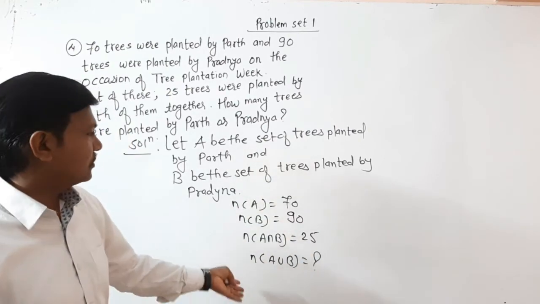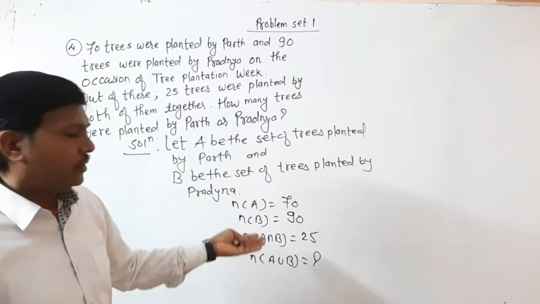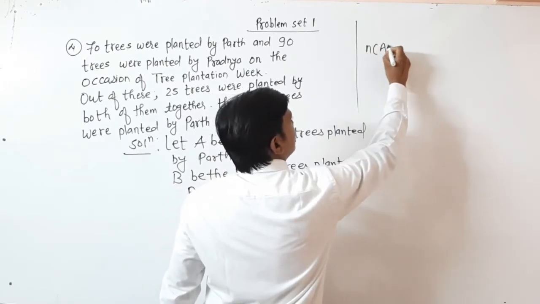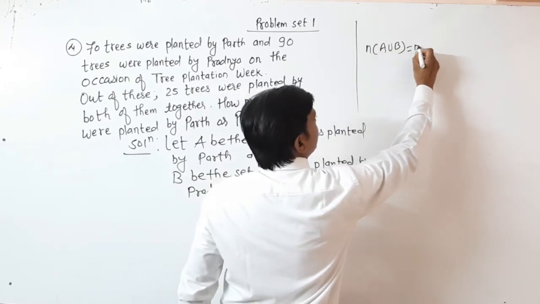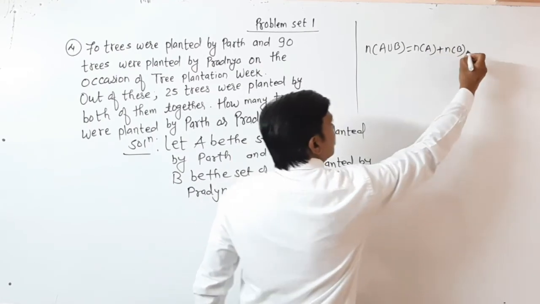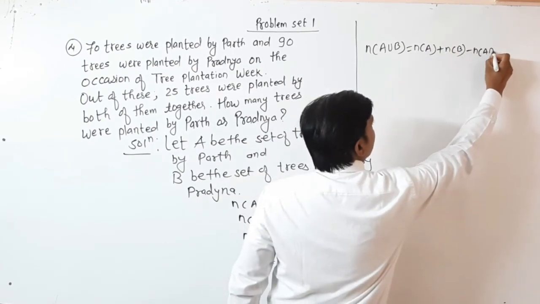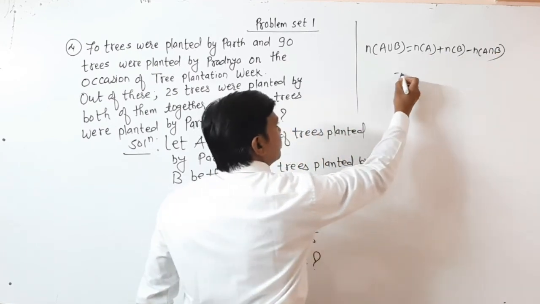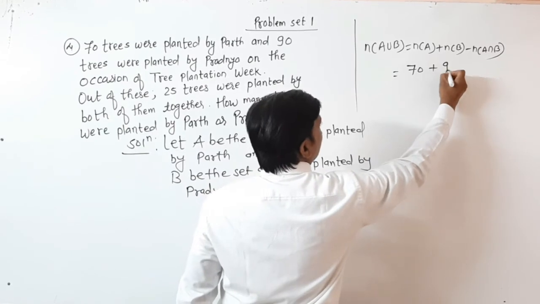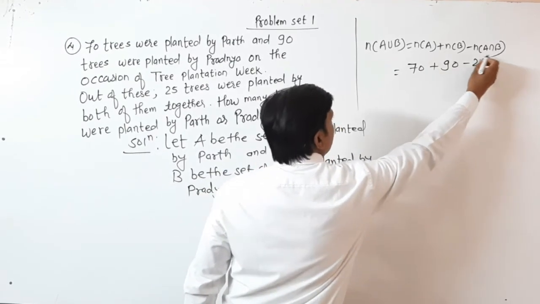You know how to solve this type of example. First write the formula: N of A union B equals NA plus NB minus N of A intersection B. NA is 70, plus 90, minus 25.